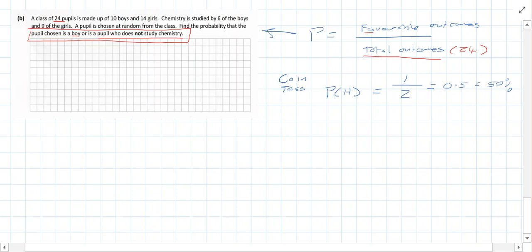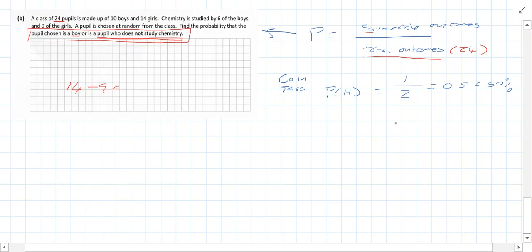We have 14 girls. How many of those girls do not study chemistry? Chemistry is studied by 6 of the boys and 9 of the girls, so it's going to be 14 minus 9. That's going to meet this part here, pupils who do not study chemistry. Those pupils are going to be some of the girls as well.